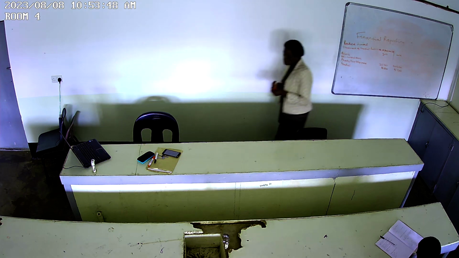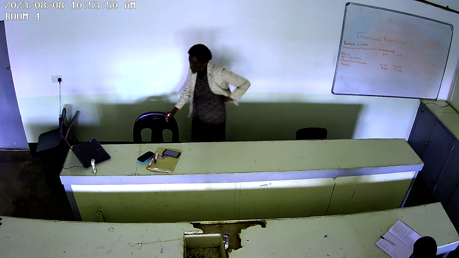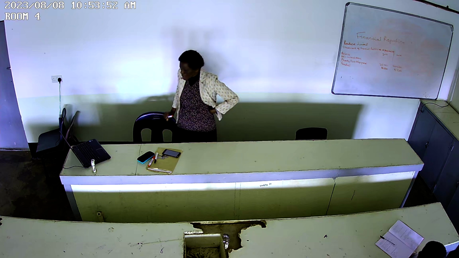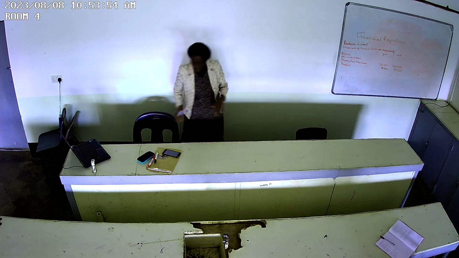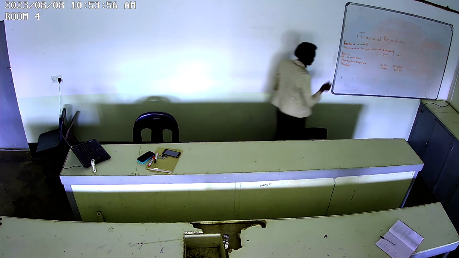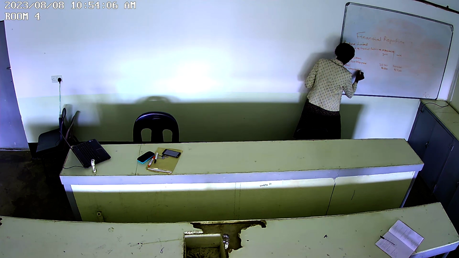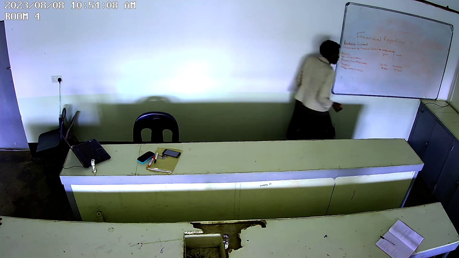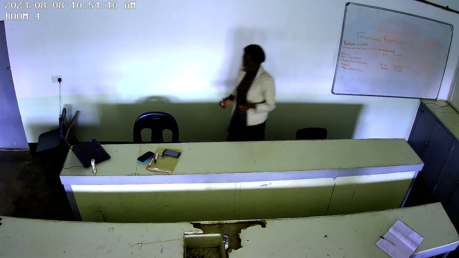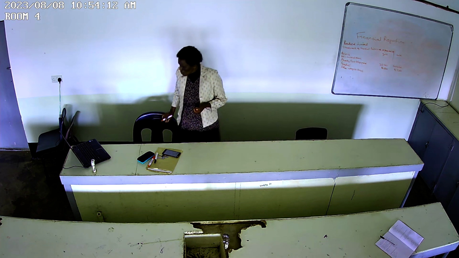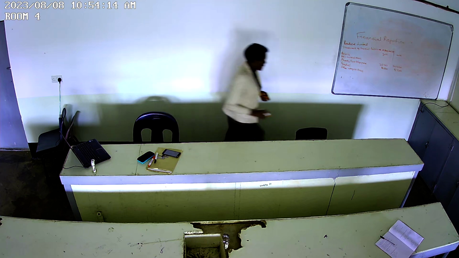Then we have the other intangible assets, whereby we have how much? 227,470.